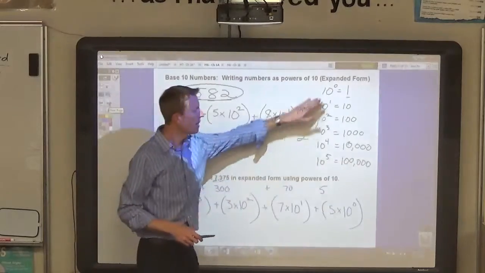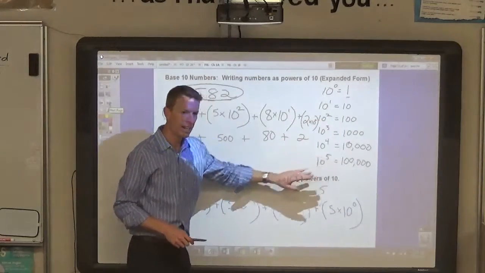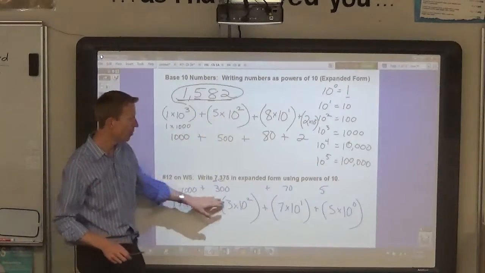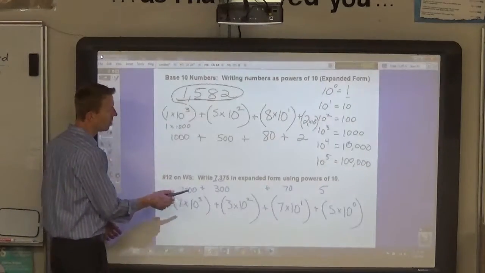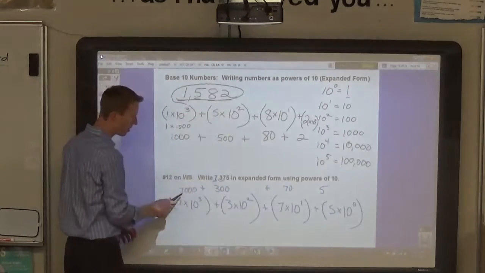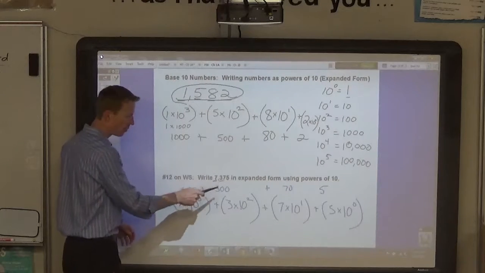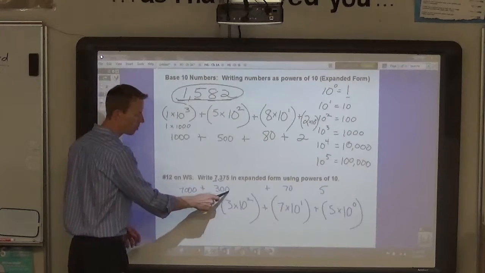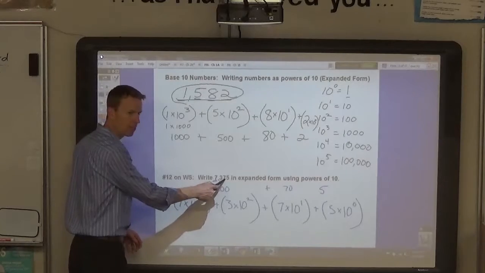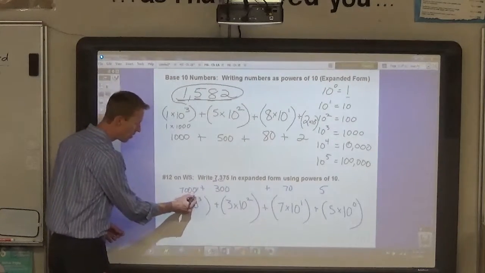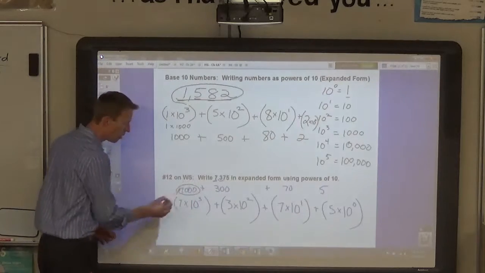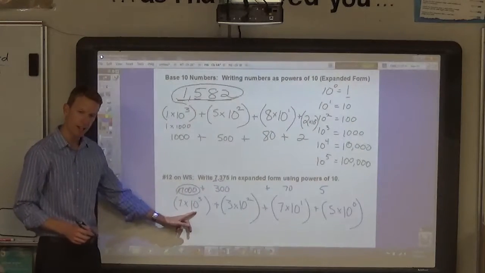Then, base 10 numbers and writing out numbers in expanded form using exponents. So first, we took these digits and we wrote them out like this example. 7,000 plus 300 plus 70 plus 5. And then taking each of these values and writing them as powers of 10.